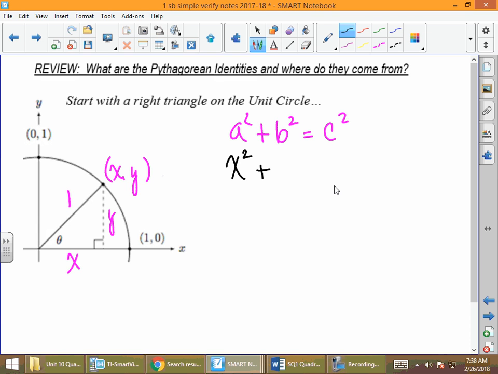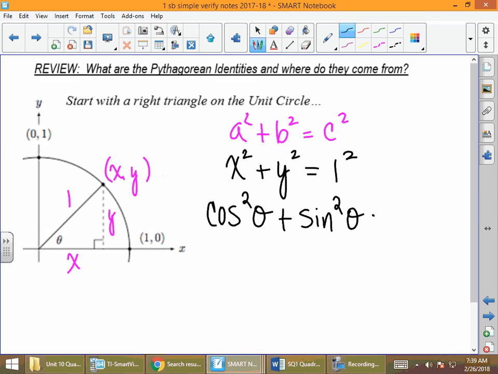One of the other sides is y, so we square that, and then 1 squared. On the unit circle, cosine is represented by the value of x, so this is cosine squared theta. And sine is represented by y. And then we get 1, since 1 squared is 1. And that's one of our Pythagorean identities.